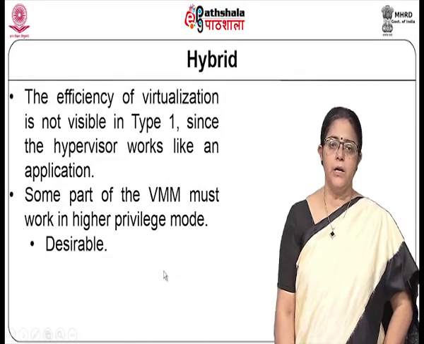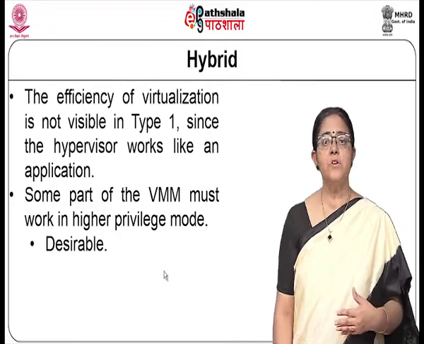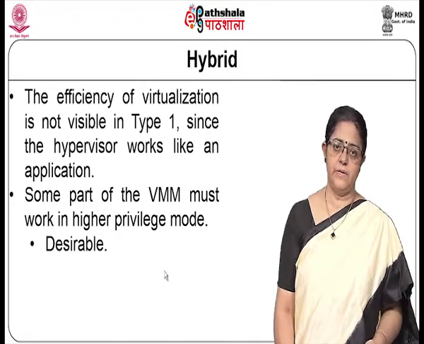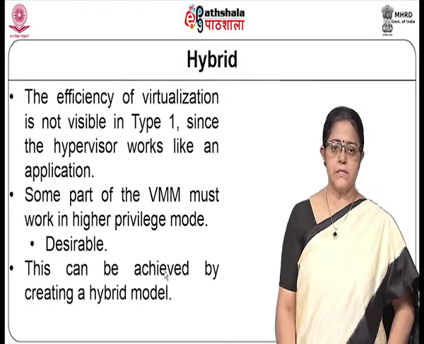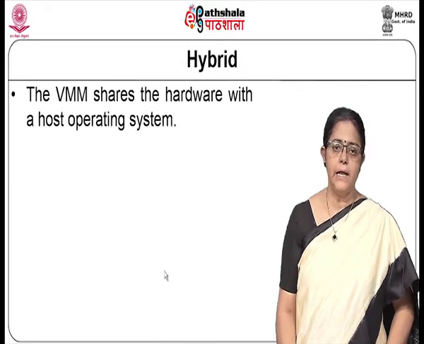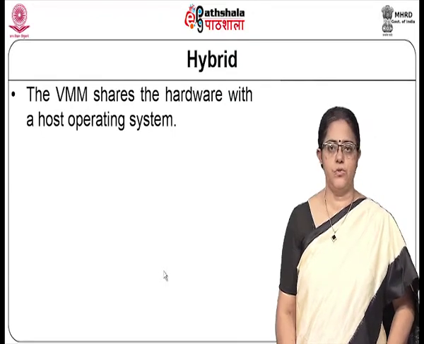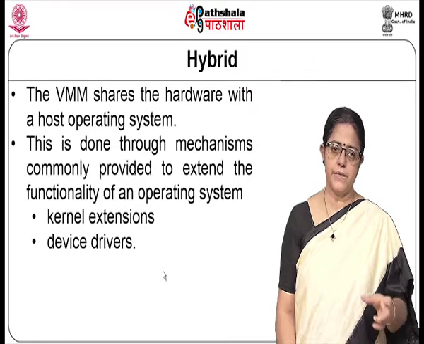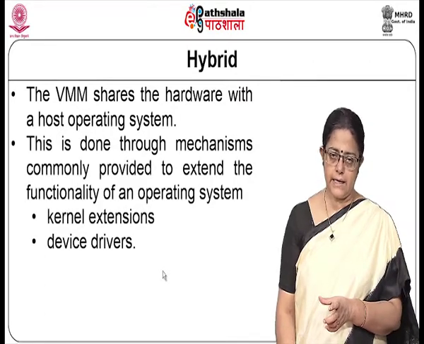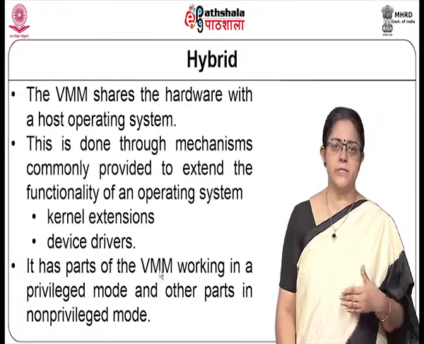So, what is desirable is that VMM should run at the highest privilege level. This is done by using a hybrid model. In the hybrid model, the VMM shares hardware with the host operating system. We keep the host operating system and also the VMM through kernel extensions and device drivers.